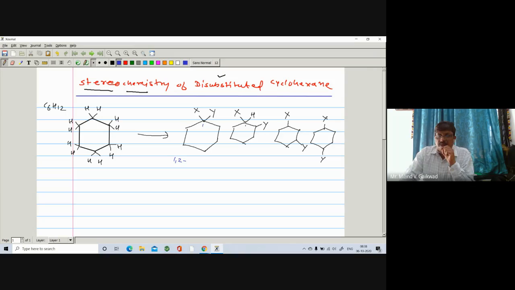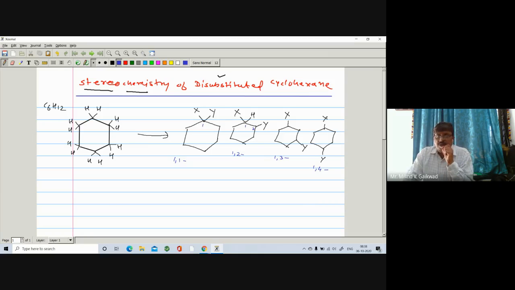So they are at 1 and 2 position. The first one is a 1 1 disubstituted. The second is a 1 2, because the two groups X and Y are at 1 2 position. The third one is a 1 3 disubstituted, and the fourth one is a 1 4 disubstituted cyclohexane. So it is the substitution pattern.